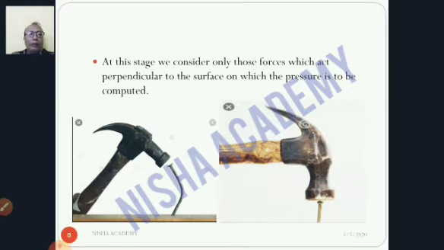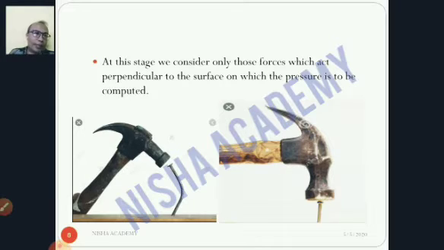Okay, what you can see in these two figures. On the left hand side you are applying the force which is not perpendicular to the surface on which we are applying the pressure.